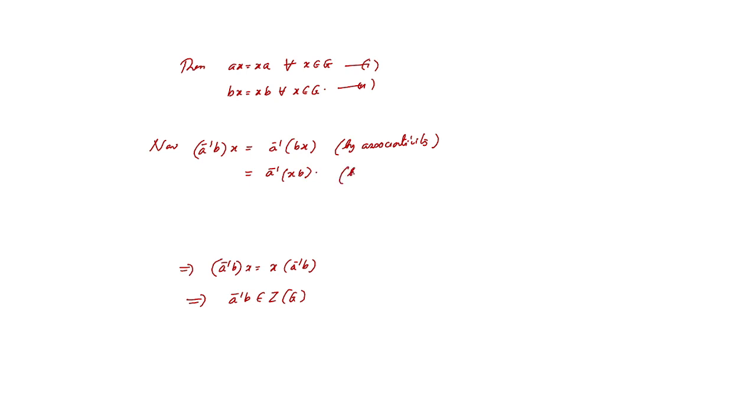By 2. By 2, what we have? B x equals x B. And from that, A inverse, so x we can write x inverse B, because we know x inverse, this equals A, x as x belongs to G.